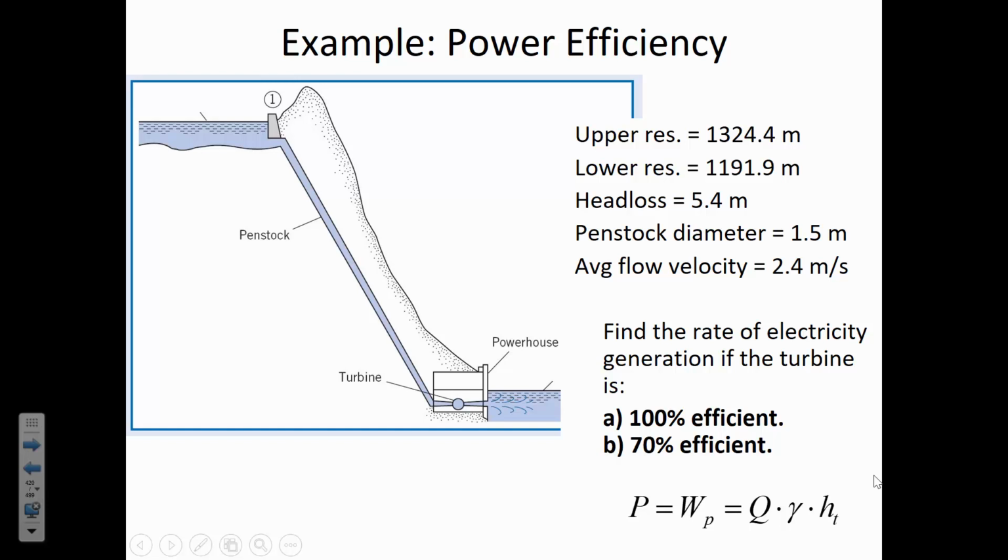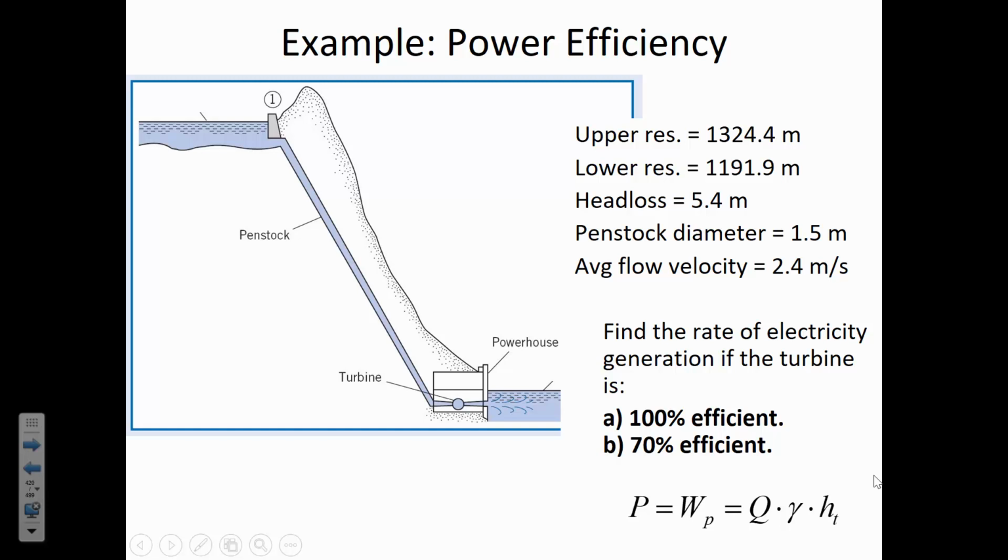So in the energy equation, we're saying how much energy is left for the turbine to extract and use. The difference in elevation, upper minus the lower, is going to be part of the energy that's available. But you also have to leave some of the energy to satisfy the losses as the water is going through that penstock. And so what we'll solve is that the turbine head is 127.1 meters.